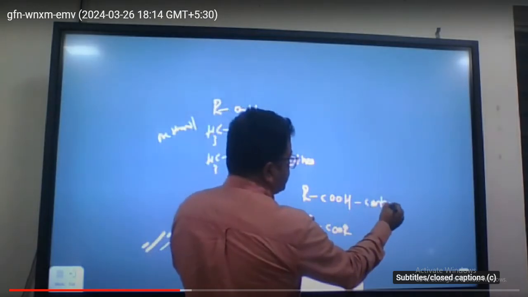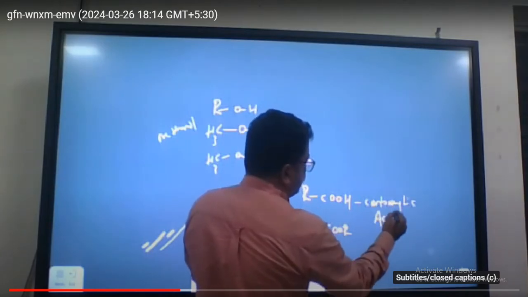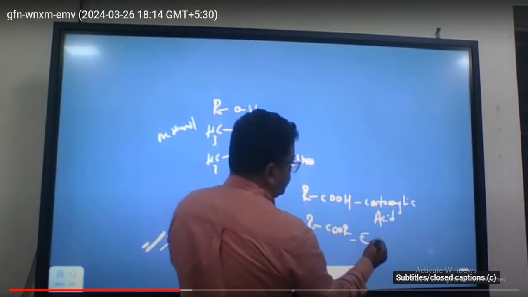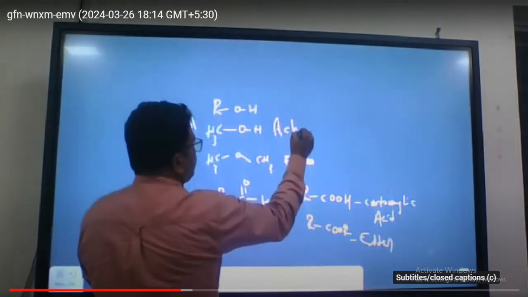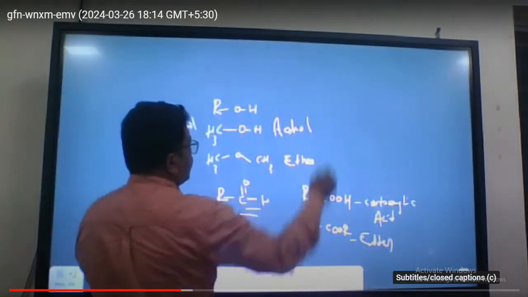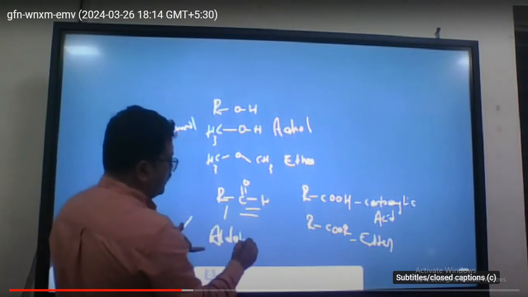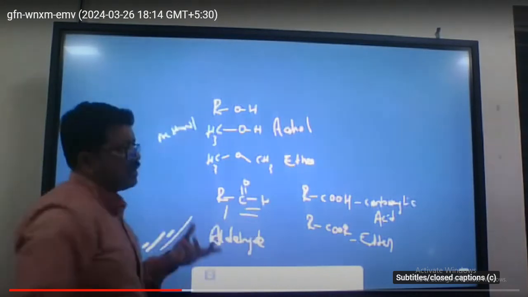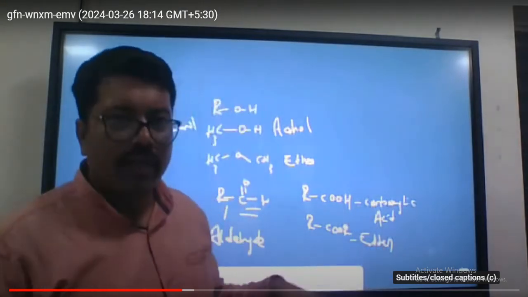This is the carboxylic acid functional group. This is an ester functional group. This is alcohol, ether, aldehyde. So these are oxygen containing functional groups, with carbon and hydrogen.